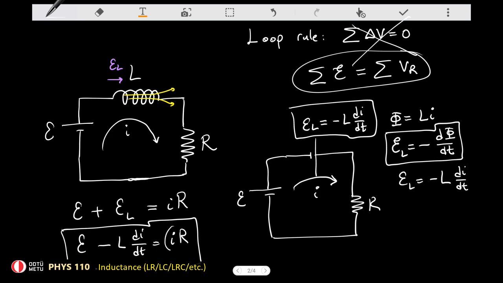So we have a current expression and the time derivative of the current. That's why it's a differential equation. All the other quantities that appear in this equation are constant. The resistance, the inductance, and the EMF of the battery are constant values. By using these values, we need to solve for the function I. So this is the equation that we need to discuss. We are going to solve this later.